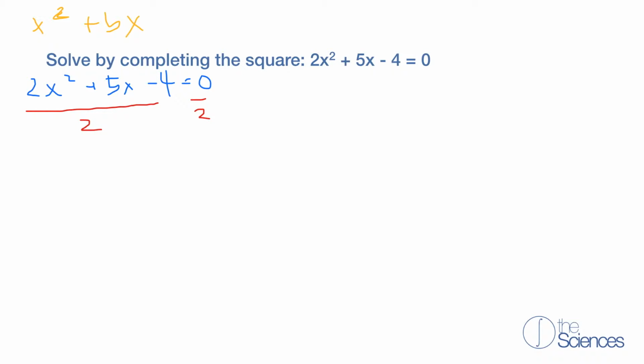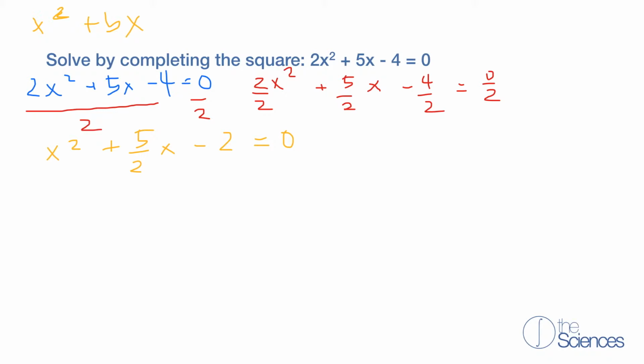Now we can write this as 2 over 2 x squared plus 5 over 2 x minus 4 over 2 equals 0 over 2. Now we have 2 over 2, which is 1. We have x squared plus 5 over 2x minus 4 over 2, which is 2, equals 0 over 2, which is 0.